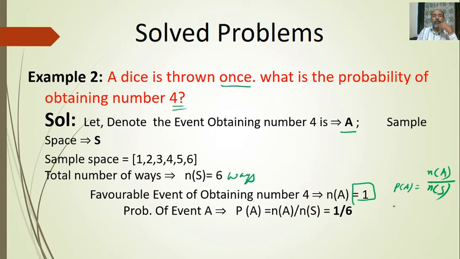What is the probability of obtaining number 4 in the dice thrown? P of A is equal to 1 by 6. 1 by 6 is the answer.